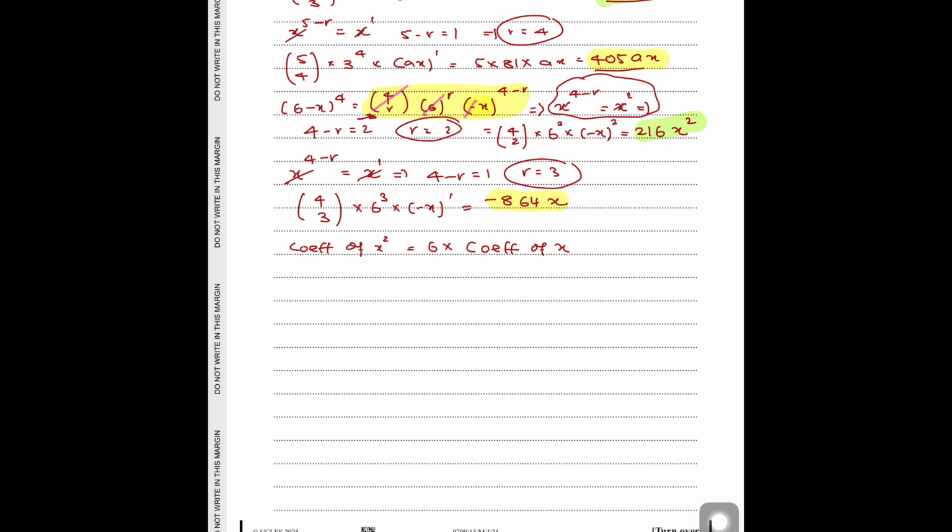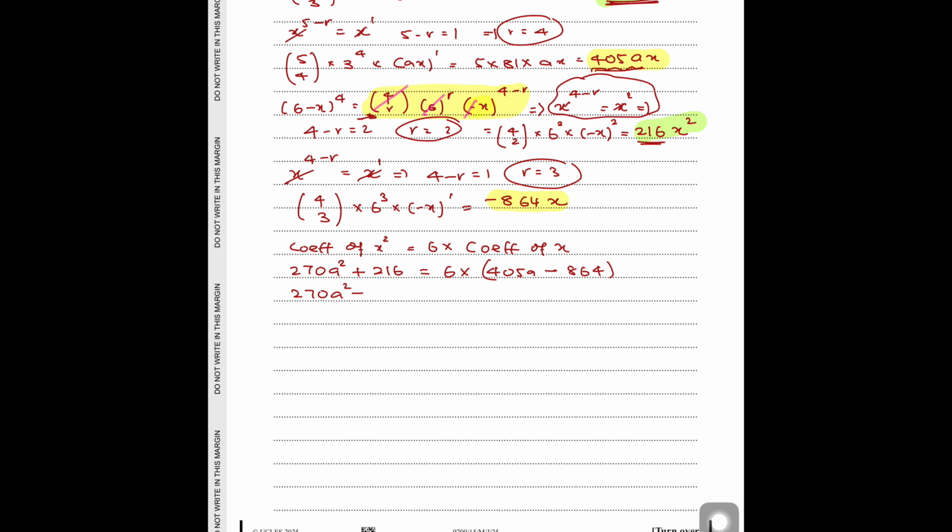So x squared is 270a squared, because the coefficient is only that, plus 216, equals 6 times the coefficient of x, 405a, plus, which is minus, because this is minus, plus minus becomes minus, 864. Right? So let me try now.